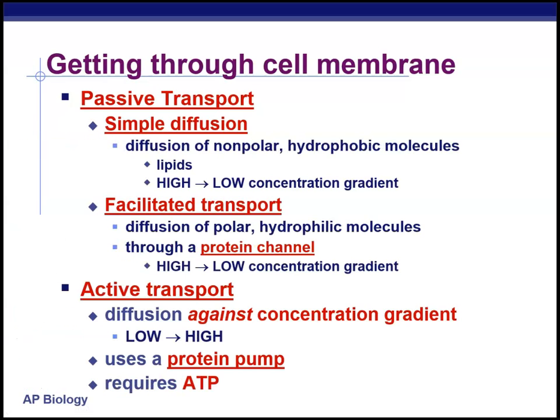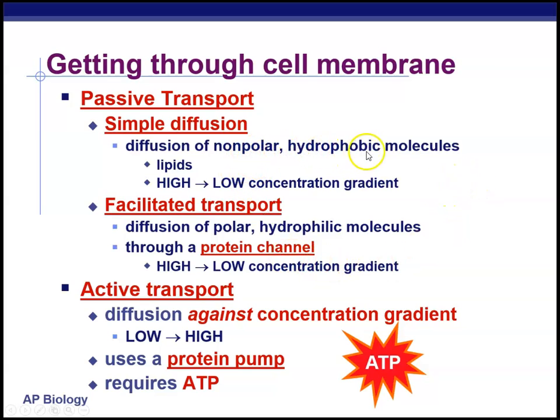So there's our review. So getting through a cell membrane. Types of passive transport are simple diffusion, going from high to low concentration gradient. This would usually be nonpolar or hydrophobic molecules that would be able to get across the cell membrane all on their own through that lipid bilayer.